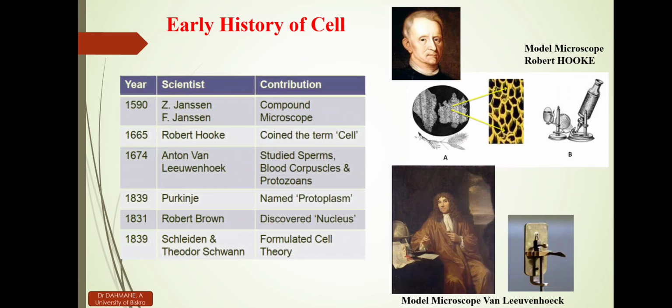These two scientists made the most contributions to the development of cell biology. Robert Hooke introduced the term cell, and also Schleiden and Theodor Schwann were the two founders of cell theory.